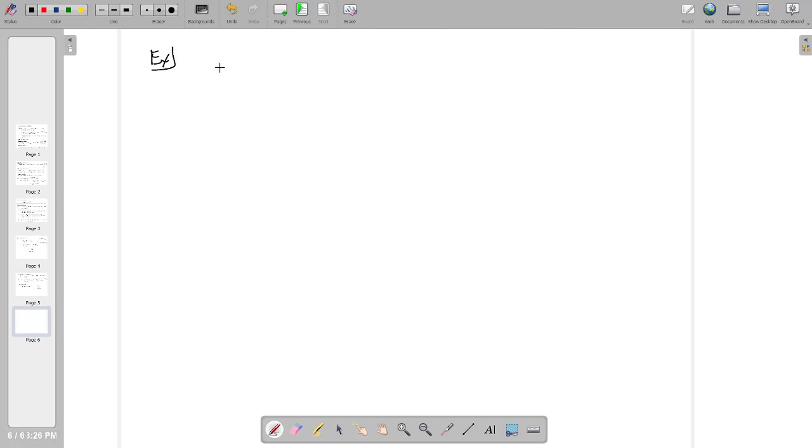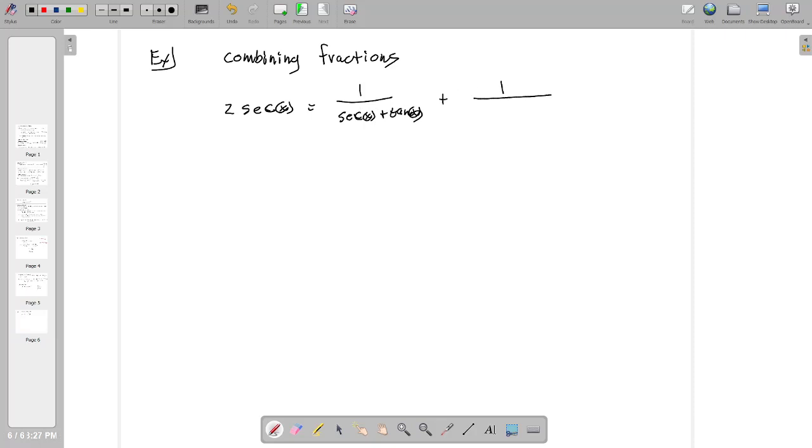Let's do another example here. Combining fractions. So let's prove an identity by combining a couple of fractions. Now, the identity that we're going to prove is that 2 secant of x is equal to 1 divided by secant x plus tangent x plus 1 divided by secant x minus tangent x.